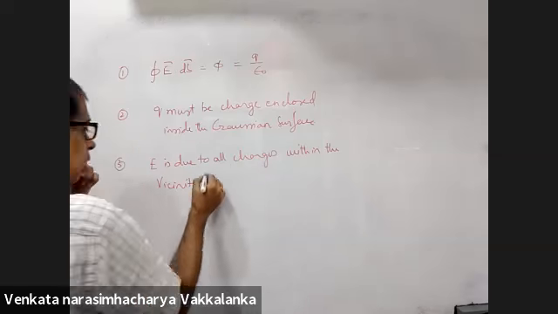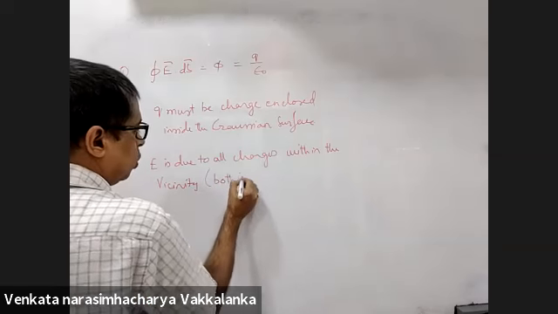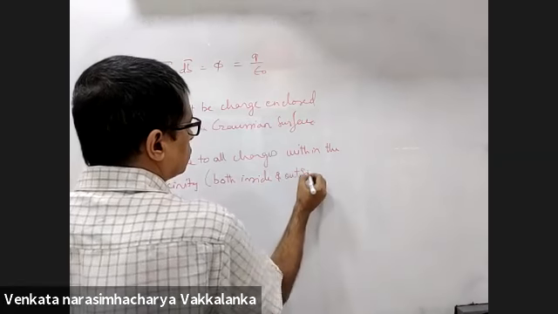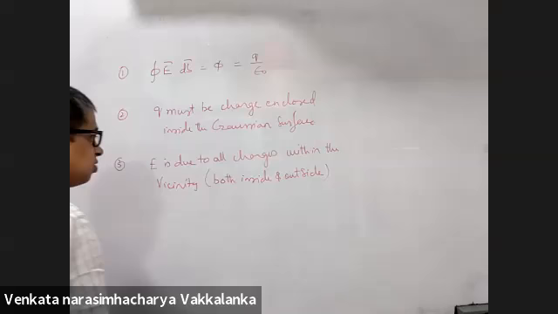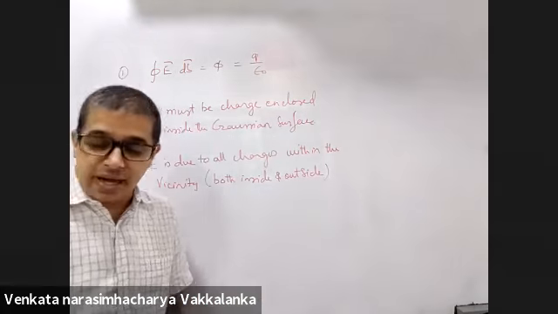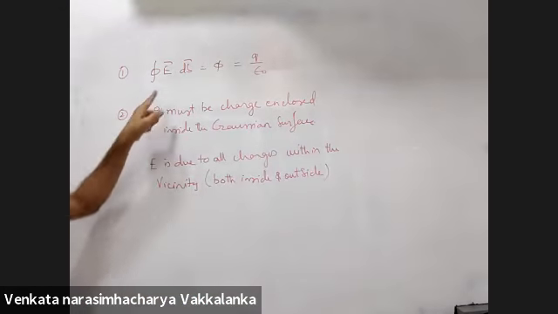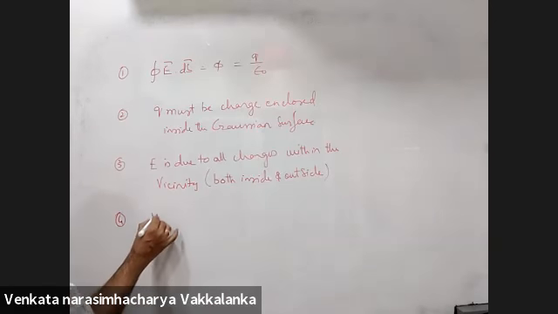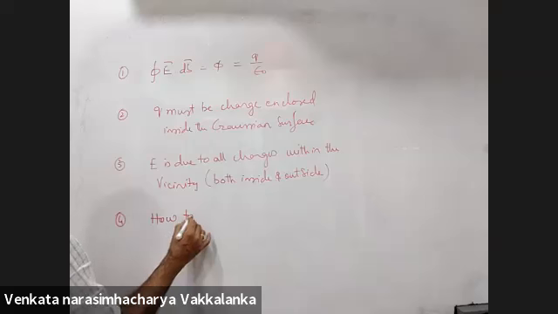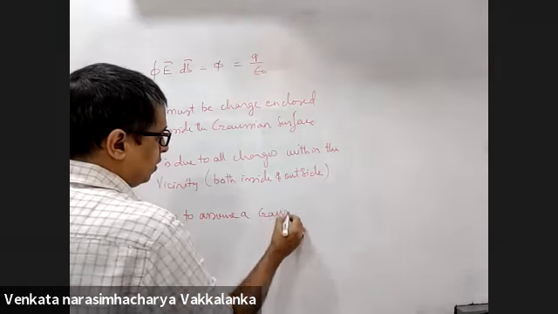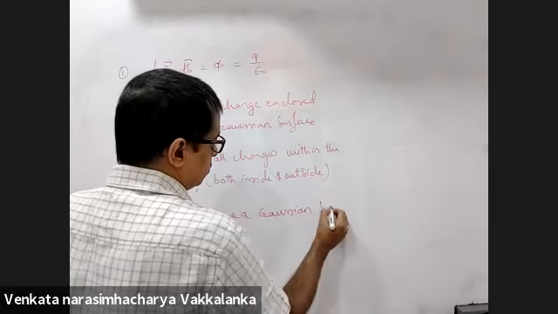Both inside and outside the Gaussian surface. Right? We have given justifications for this. We showed why it happens. Fourth, we also learned how to assume a Gaussian surface.